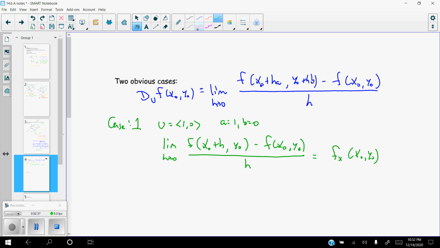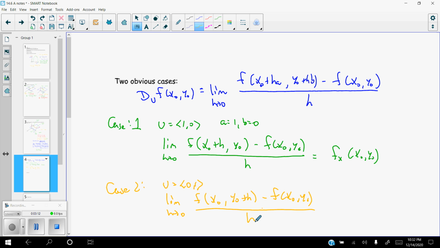So likewise, and you should probably have figured this part out too, case 2 would be if the unit vector is the vector 0, 1. Then you would have the limit as h approaches 0 of f of x naught plus h times 0, which is nothing, y naught plus h times 1, so plus h, minus f of x naught, y naught, all over h.